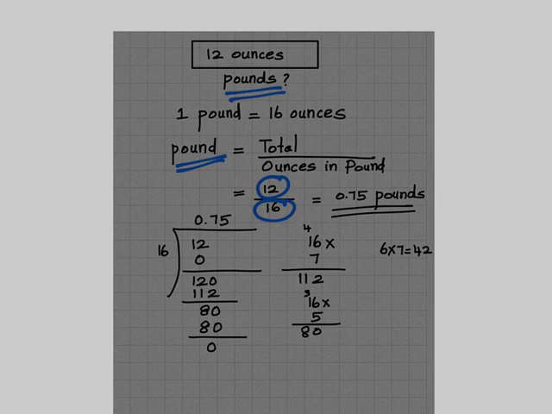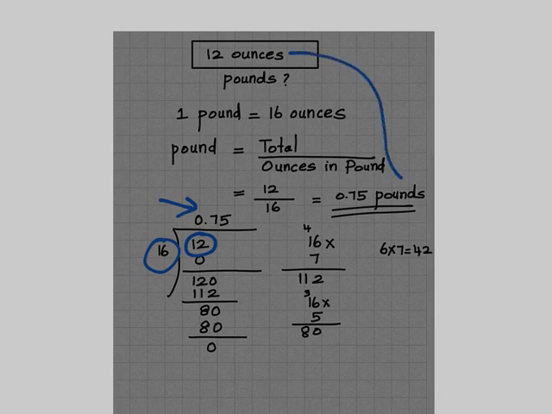So 12 divided by 16, let's divide and find out. 12 is the dividend, 16 is the divisor. When we divide, we get the answer 0.75, which is the quotient. So that is how ounces is converted to pounds.